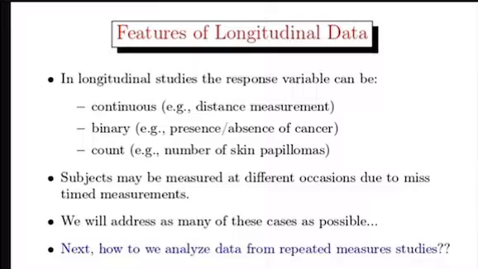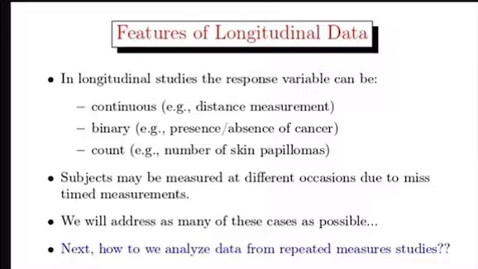But what if your response variable is a count, you've got count data, then we're going to be talking about Poisson regression. Does that make sense? So which means when you are talking about longitudinal data, the response variable can be continuous, can be binary, can be counts.